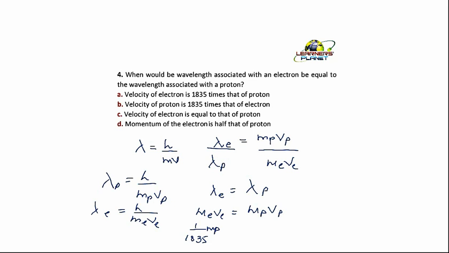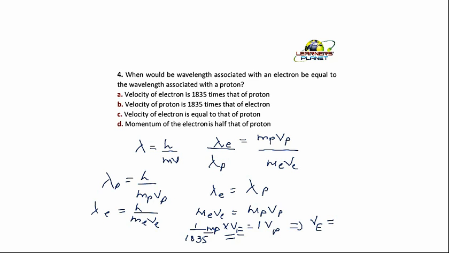The mass of the electron is 1 by 1835 times the mass of the proton, multiplied by velocity, and mp is 1 and vp. So can we say when it would be equal? It would be equal when the velocity of the electron becomes 1835 times that of the proton.